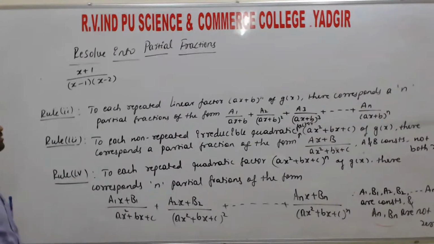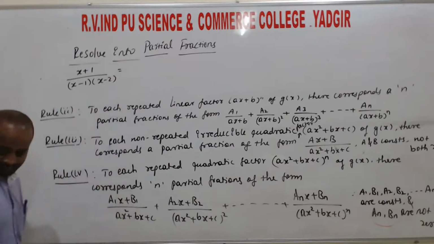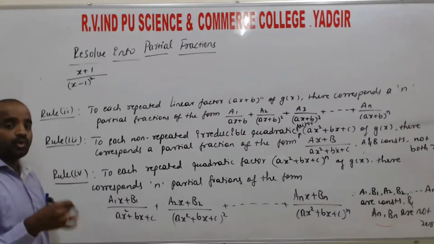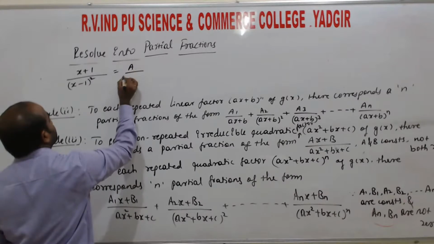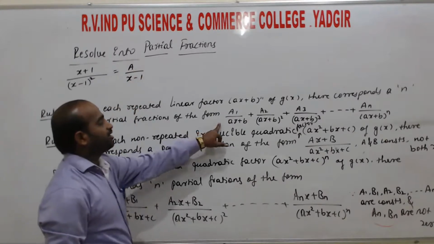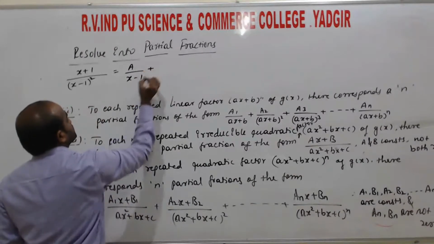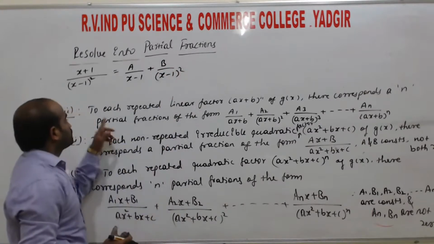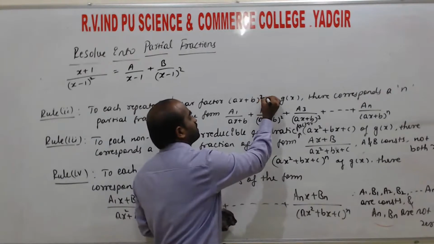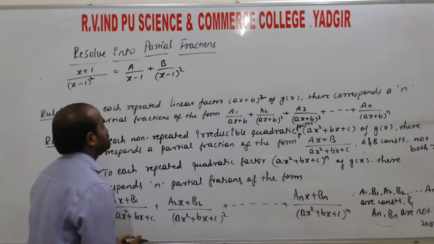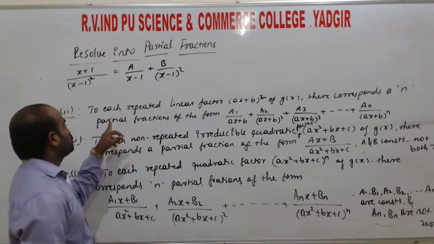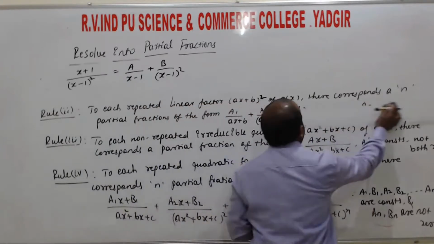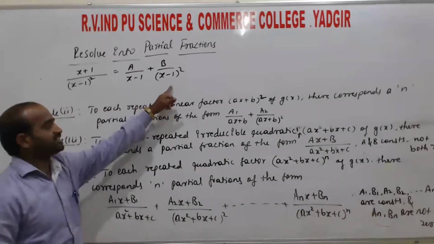First you write A divided by (x minus 1) plus B divided by (x minus 2). For a repeated linear factor (ax plus b) whole square of g of x, the partial fractions are a1 divided by (x plus b) plus a2 divided by (x plus b) whole square, like B divided by (x minus 1) whole square.